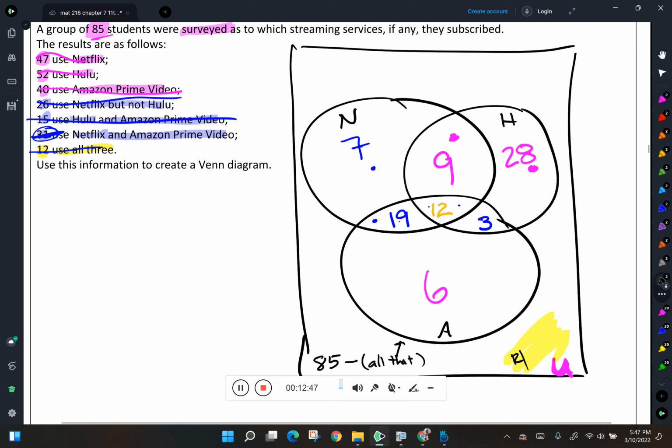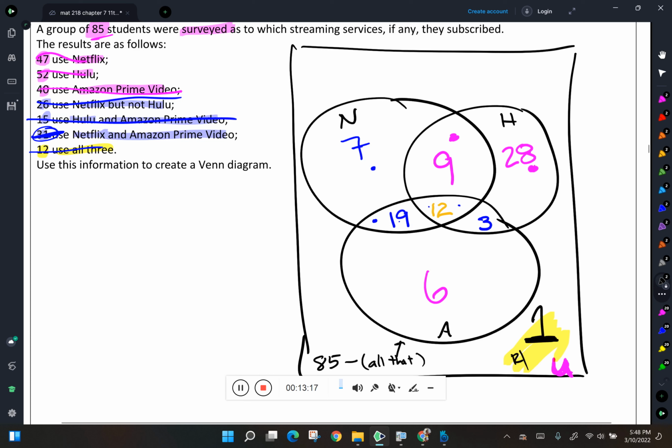So I got to take away the 28, the 9, the 7, the 19, the 12, the 6, and the 3. So 85 less 7 less 9 less 28 less 19 less 12 less 3 less 6, and that leaves me with 1. So then there is one person who doesn't use Netflix or Hulu or Amazon Prime.